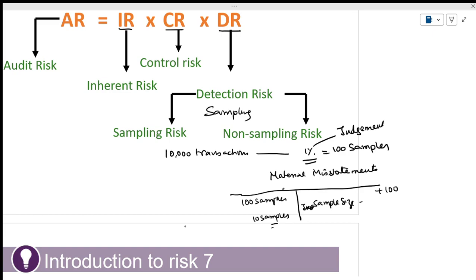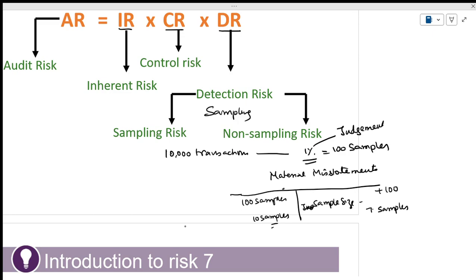Now what you will see? Again you will make a judgment. How many errors are there? If the errors are less, assume 7, within the limit, then you can come to your own judgment. You can increase the sample size, or with the current scenario, we can continue and give our opinion.